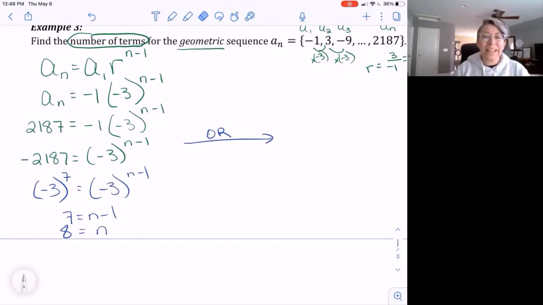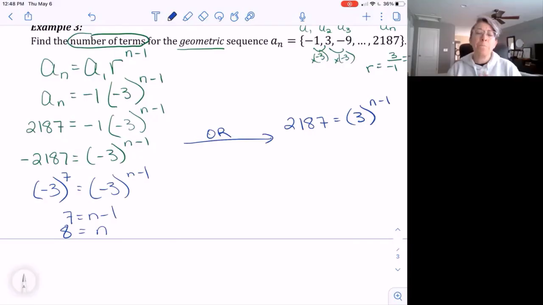If you're going to work it as a logarithm, however, we cannot use 2187 and -3, okay? We would have to use just the positive versions of both of those numbers. And I know that seems like, how can you do that? You can't divide by that negative because you got n minus 1. Don't think of it as us dividing by any negatives or -1s or anything like that.